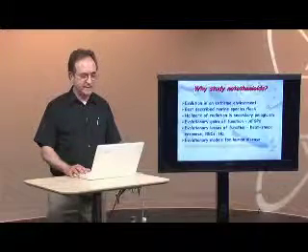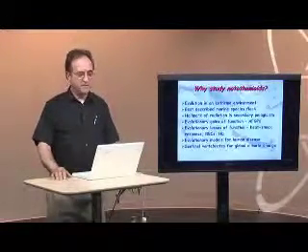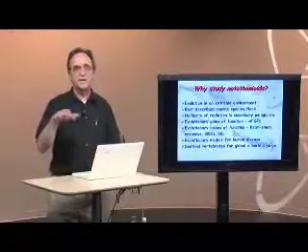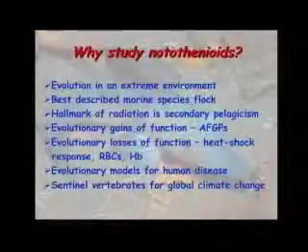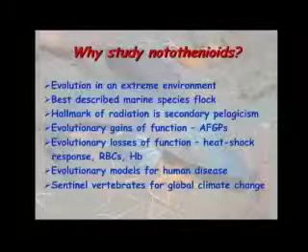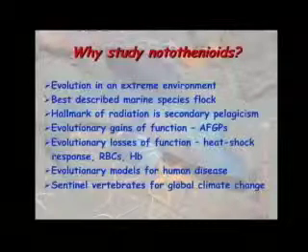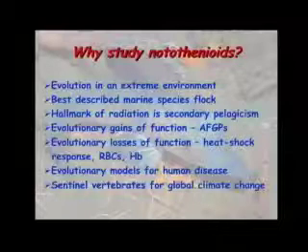We also consider the notothenioids to be nice models for a variety of human diseases, and I'll talk about those today. And finally, they're sentinel vertebrates for global climate change. These fish occupy a trophic level somewhere in the midst of the food web, eating smaller animals and organisms, and in turn serving as prey for larger organisms such as orcas and seals.